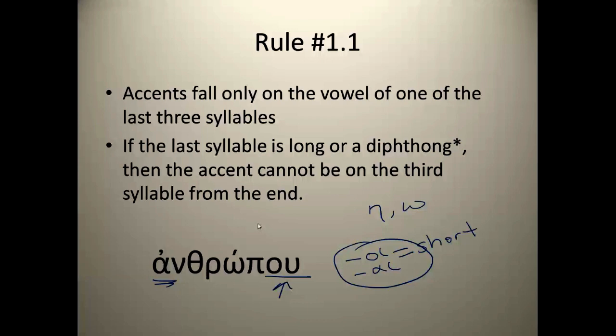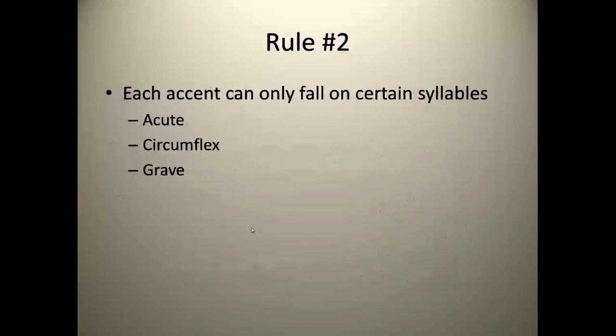That's an important one. Rule number 2 is that, first, there are 3 particular types of accents, and these accents can only fall on certain syllables. So the acute accent, that is the one that looks like this, can be on all 3, any of those last 3 syllables.